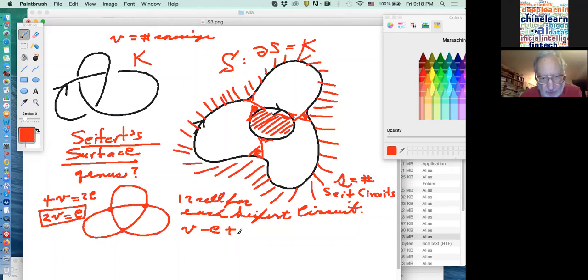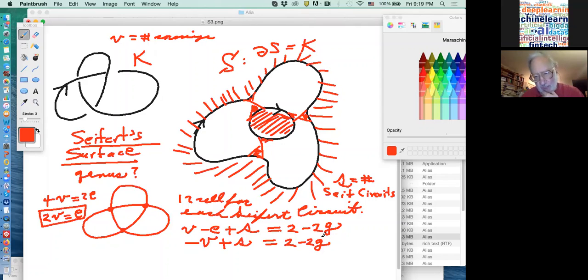So then I have vertices minus edges plus the number of 2 cells, that is, 0 cells, 1 cells, 2 cells, is equal to 2 minus twice the genus by Euler's formula. And so we had that E is 2V, so this says minus V plus S is equal to 2 minus 2G, but I forgot something.